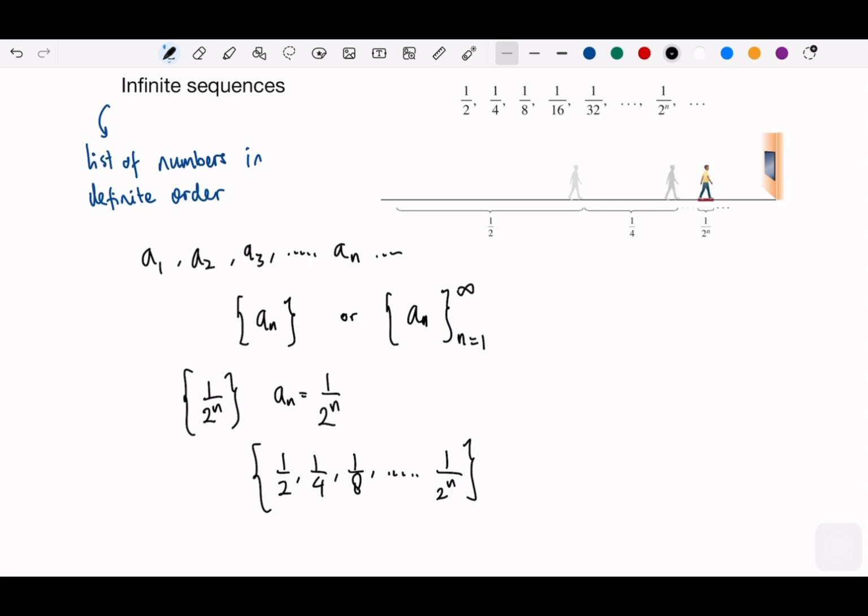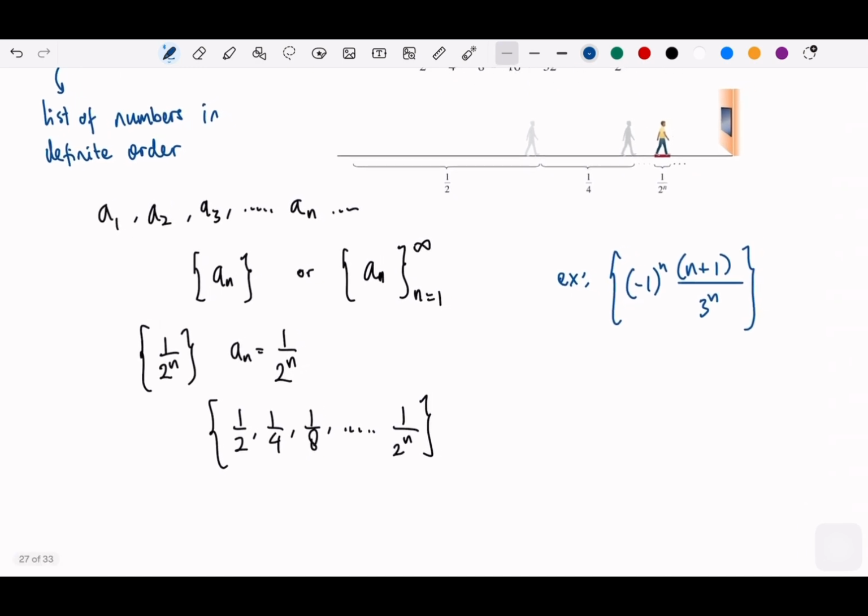And sometimes the sequence may have an alternating sign, which means the signs can be positive, negative, positive, negative. For example, if we have negative 1 with power of n, times n plus 1 over 3 with power of n. So let's say we start from n equal 1, or sometimes it's from 0.